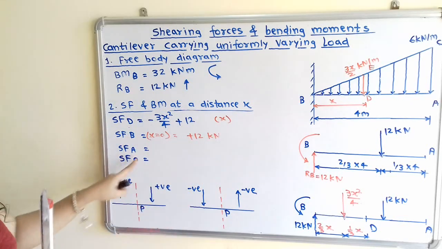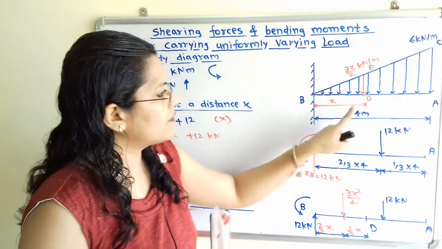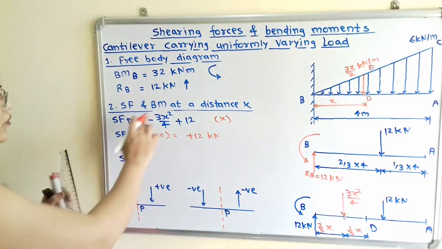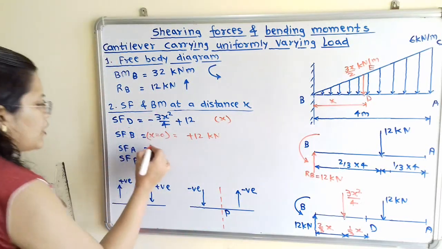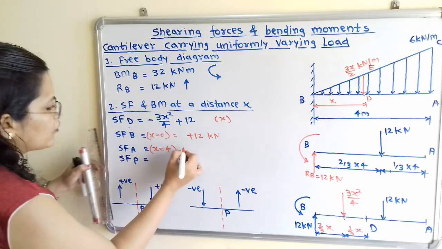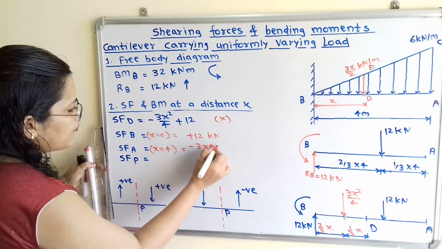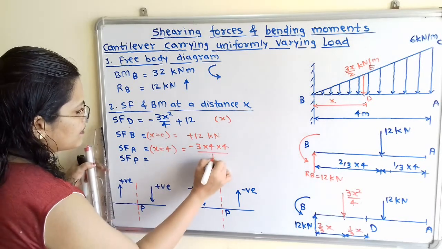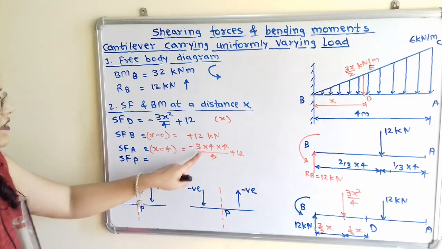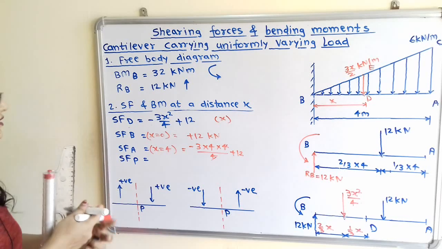Now next we will move to SF at A, shear force at A. So x, that is the distance from this point B, is equal to 4 meters. So I will write here x is equal to 4. So when x is equal to 4, I will calculate minus 3 multiplied by 4 multiplied by 4 divided by 4 plus 12. So this 4 is getting cancelled. So here minus 12 plus 12, and it is equal to 0.